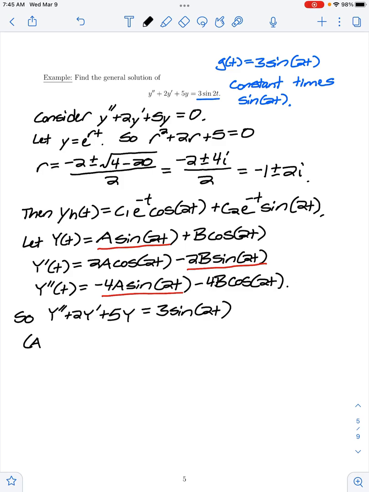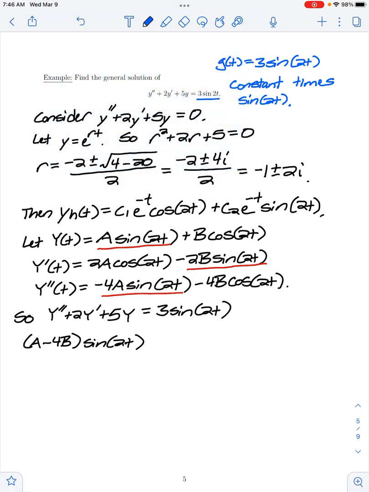Then the first derivative term, 2 times y prime, will give us a negative 4b sine of 2t. So collecting those terms, we have a minus 4b times sine.